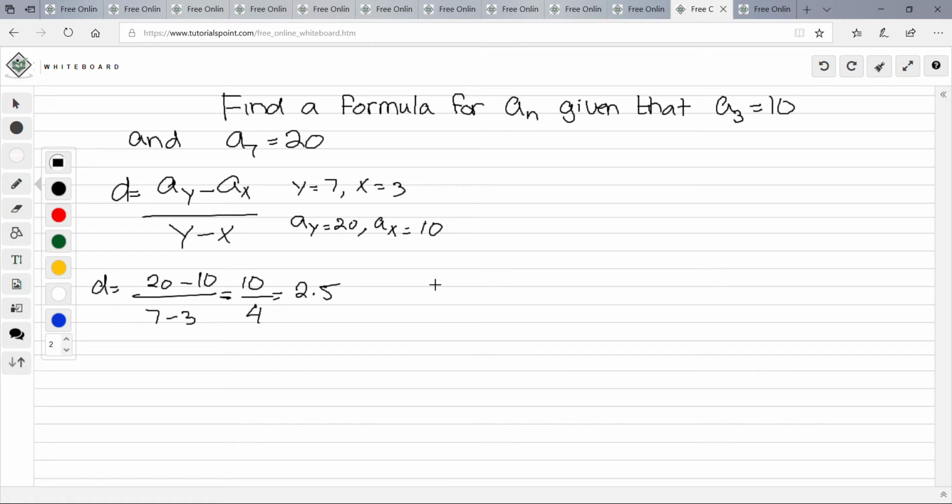Okay, so what we need to do is find the first term, and then find the second term.